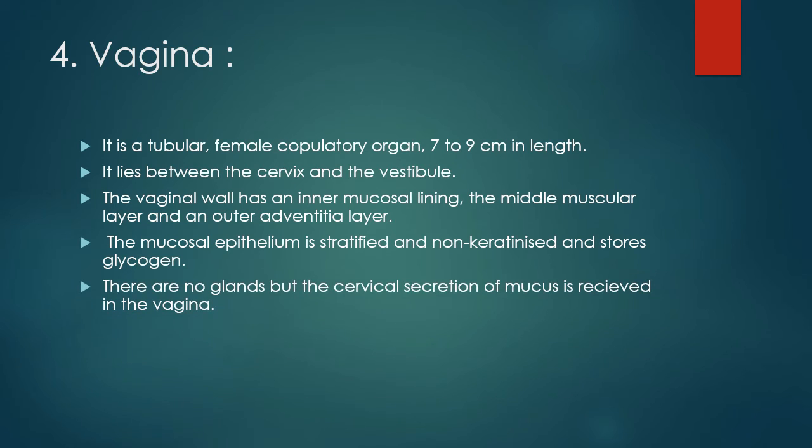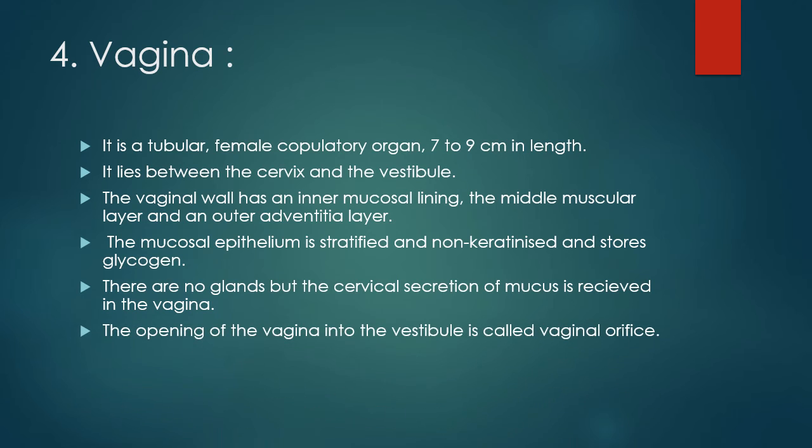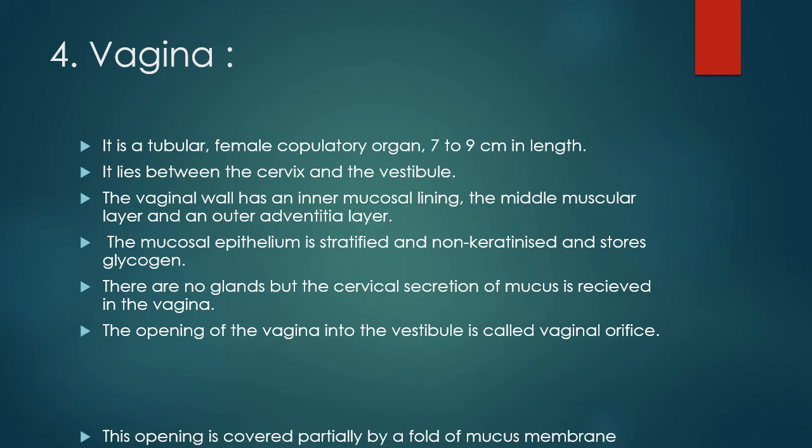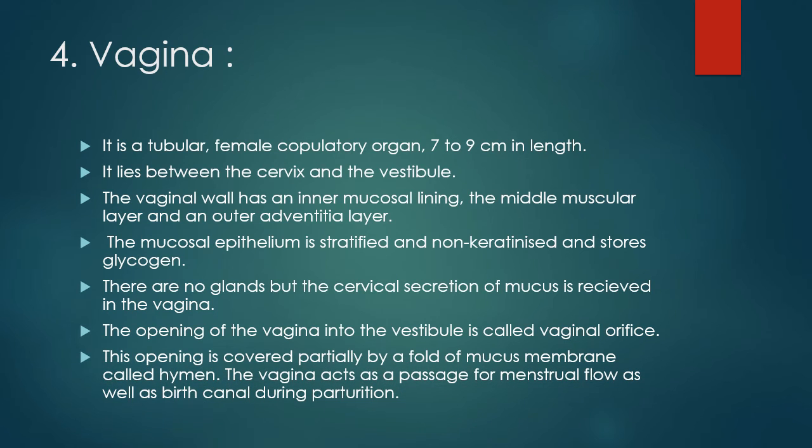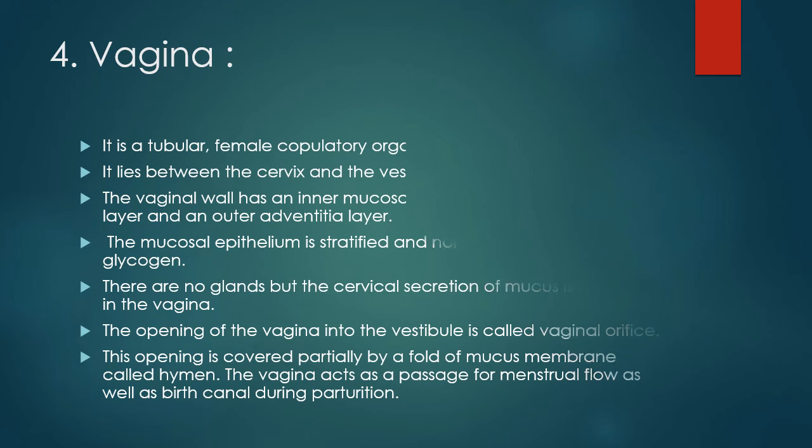There are no glands, but the cervical secretion of mucus is received in the vagina. The opening of the vagina into the vestibule is called the vaginal orifice. This opening is covered partially by a fold of mucous membrane called the hymen. The vagina acts as a passage for menstrual flow as well as the birth canal during parturition.